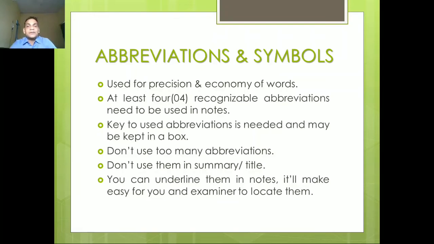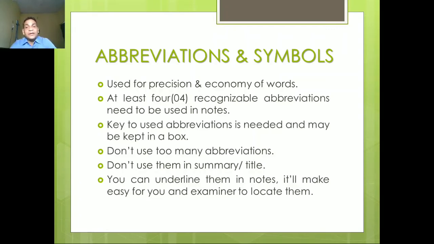The abbreviations are basically to be used in the points, subpoints, and subtitles. Try not to use them in the title, and in the summary they are not used at all. You can underline them in notes. When you are using abbreviations in your notes, it is better if you underline the abbreviations and symbols that you have used.